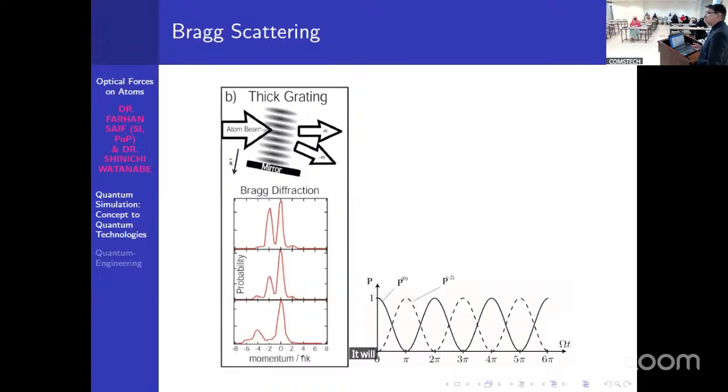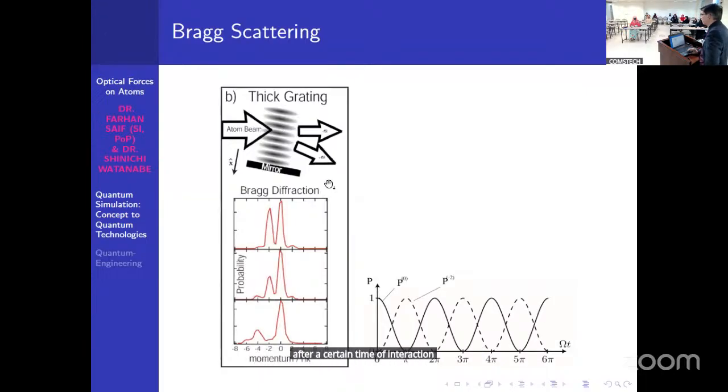It will be scattered after a certain interaction time to a direction P1. Okay, now we see that the incident atom, once it starts the interaction, is going to be deflected after a certain time of interaction.